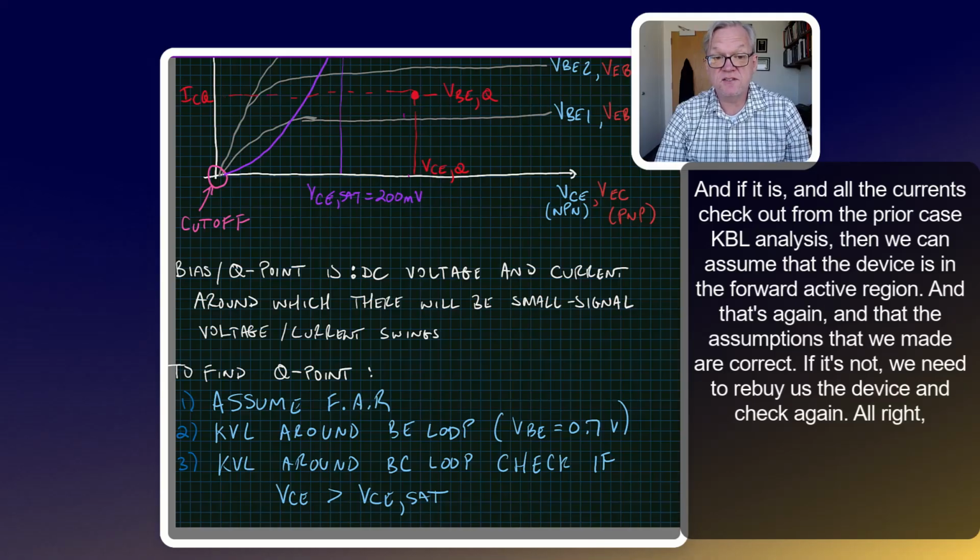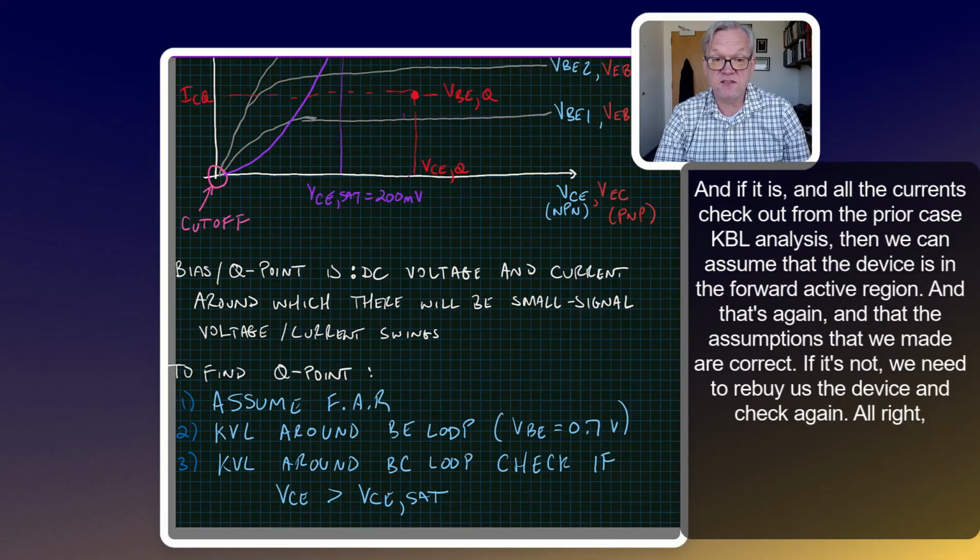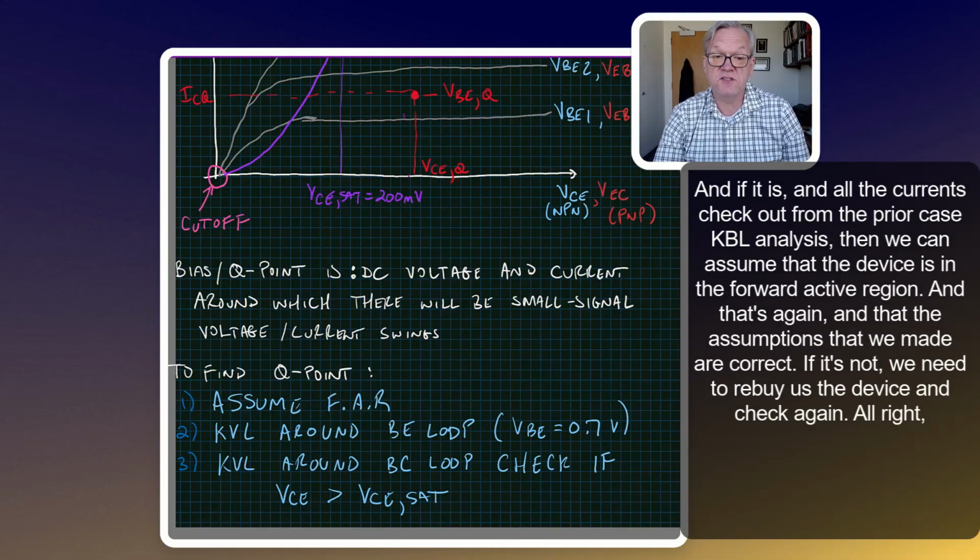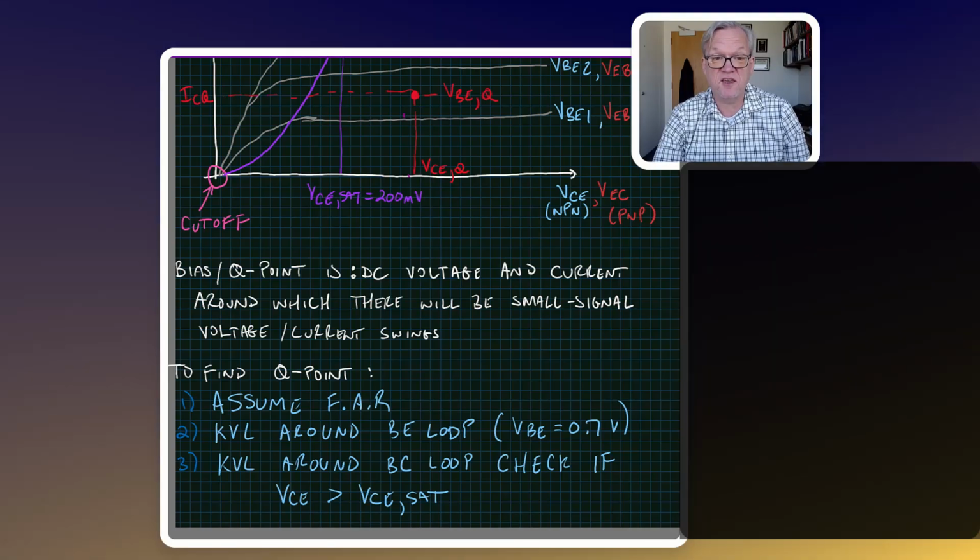And if it is, and all the currents check out from the prior KVL analysis, then we can assume that the device is in the forward active region, and that the assumptions that we made are correct. If it's not, we need to rebias the device and check again.